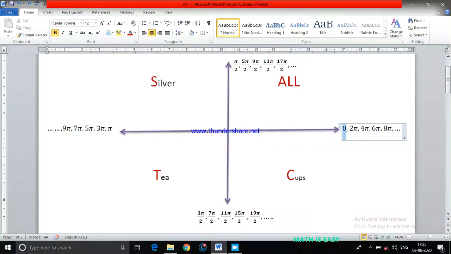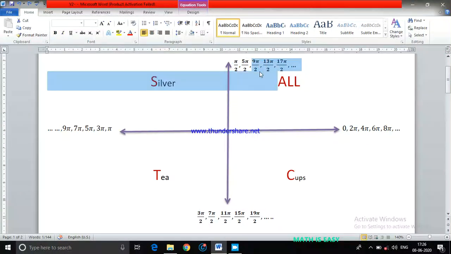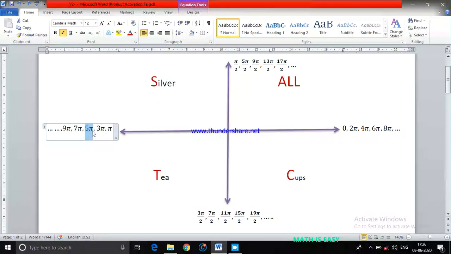First is 0 pi by 2, that is 0, then 1 pi by 2, that is pi by 2, then 2 pi by 2, where the 2 gets cancelled, that is pi, then 3 pi by 2, then 4 pi by 2, which is 2 pi, then 5 pi by 2, then 6 pi by 2, which is 3 pi, then 7 pi by 2, then 8 pi by 2, which is 4 pi, then 9 pi by 2, then 10 pi by 2, which is 5 pi, then 11 pi by 2.